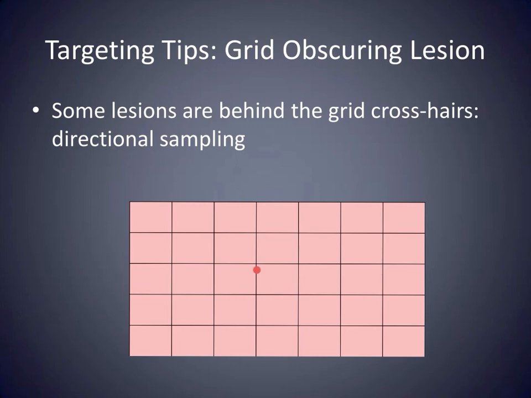You can still use the needle block, and as you insert the introducer and the biopsy device, you can try to angle your needle more towards the lesion, or alternatively, to give more flexibility, you could perform the biopsy without the needle guide block. The important thing to remember then is to not add that additional 2 centimeters, which was to account for the thickness of the needle guide block.